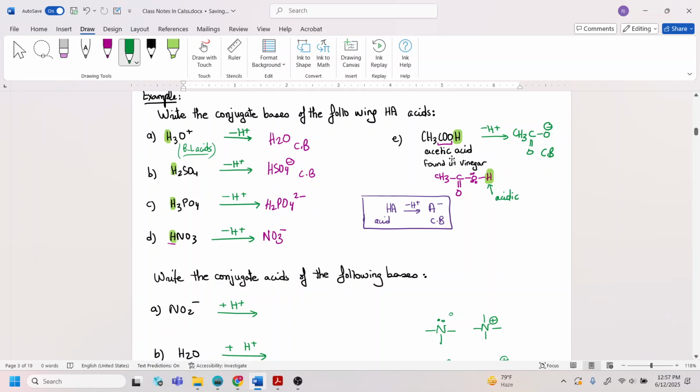Now, when acetic acid dissociates in water, as I draw the dissociation equation there, if this is aqueous, it's going to dissociate into H plus and its conjugate base.